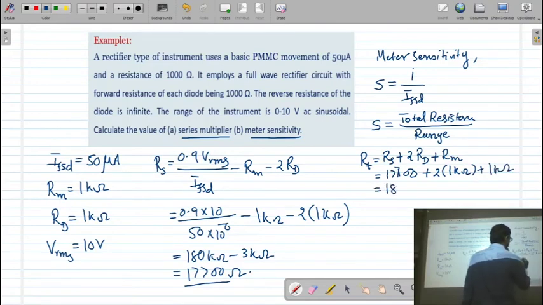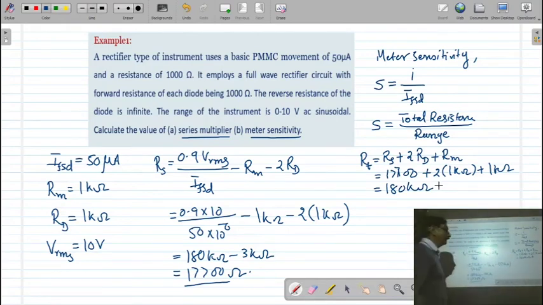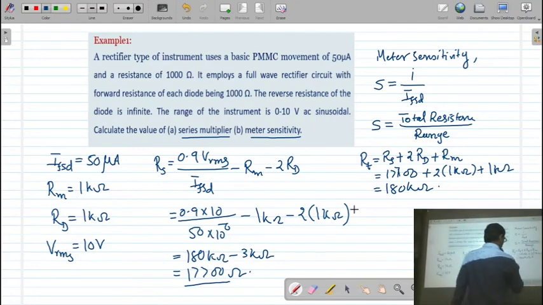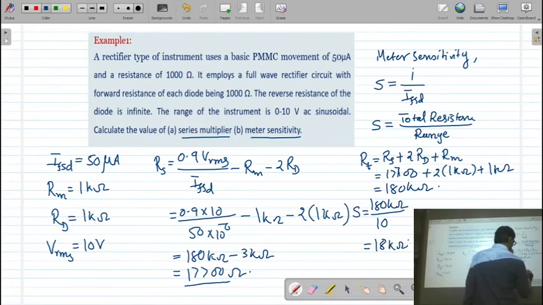This will come out to be 180 kilo ohm. And therefore, here the sensitivity is 180 kilo ohm divided by what is my range? It is a 10 volt range, so 18 kilo ohm per volt.